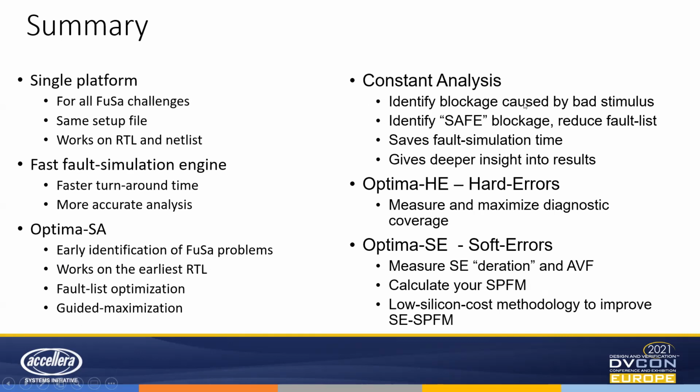Constant analysis helps reduce further by marking faults as safe blocked or safe masked. For hard errors, the focus is measuring and maximizing diagnostic coverage, and for soft errors, Optima-HE measures SE duration and AVF and calculates the SPFM.